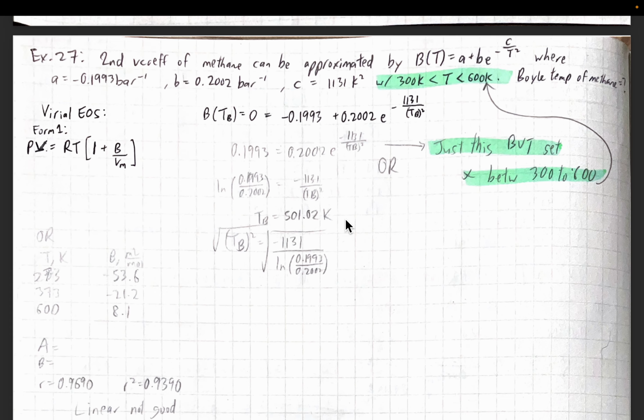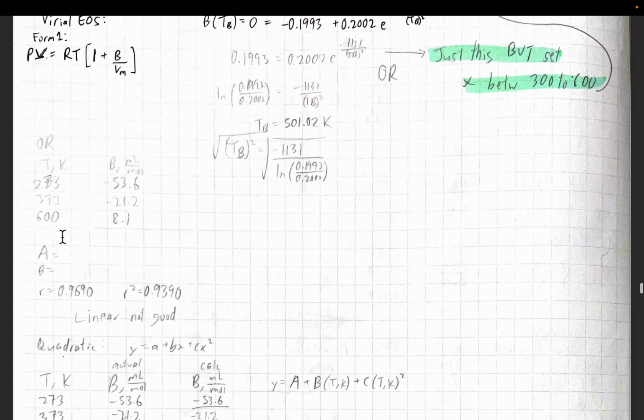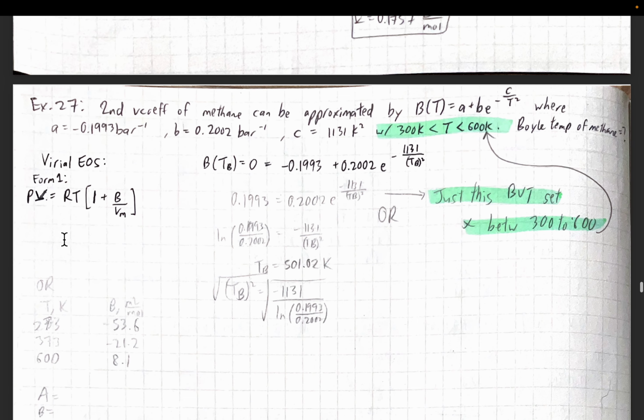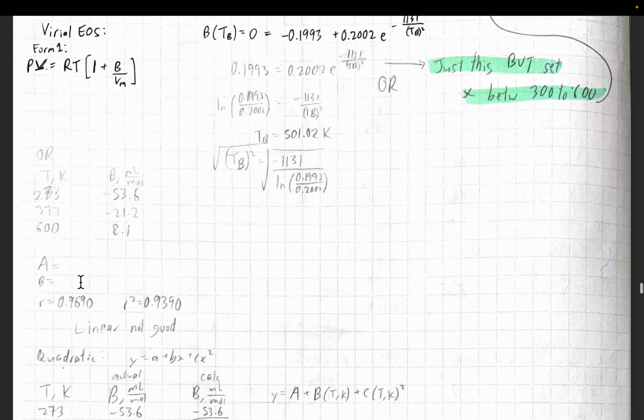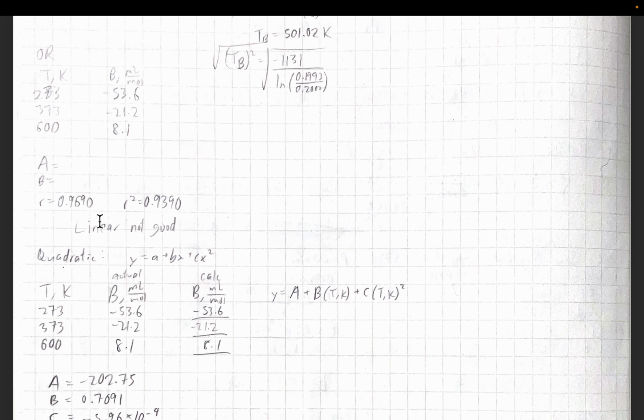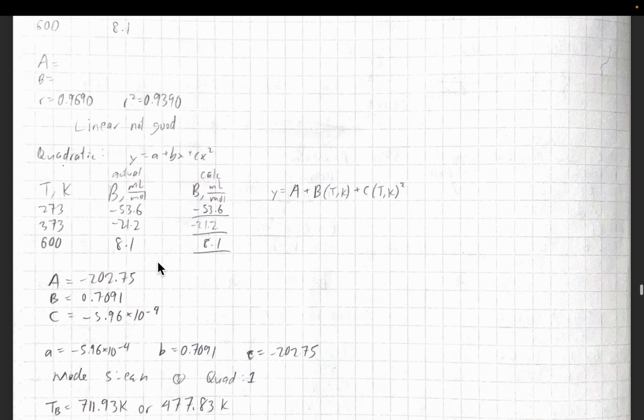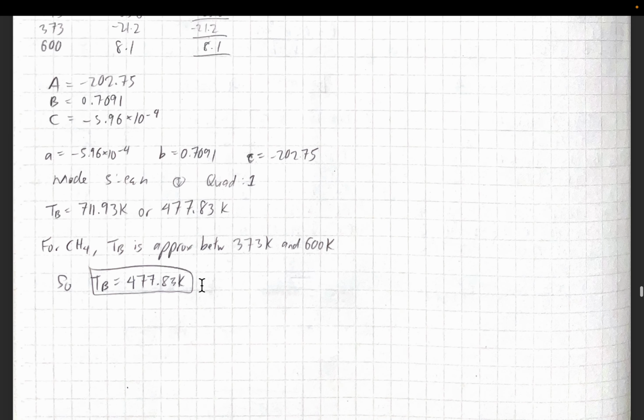I tried to compare, tried to answer this alternatively using the estimation method. So we know that this is methane, no, CH4. We find its corresponding temperature and second virial coefficient values from literature table and plot them. So quadratic regression, and then it turns out to be 477.83 Kelvin.